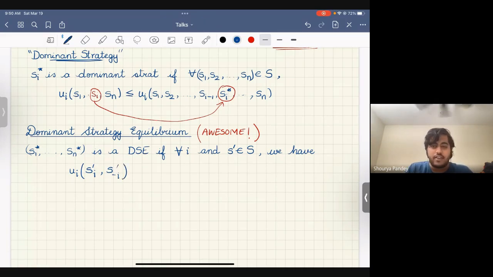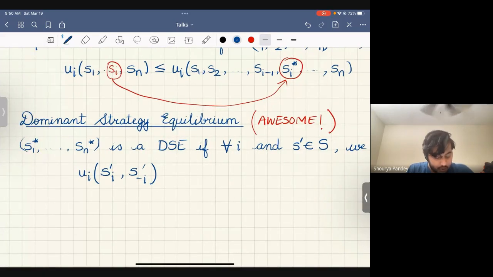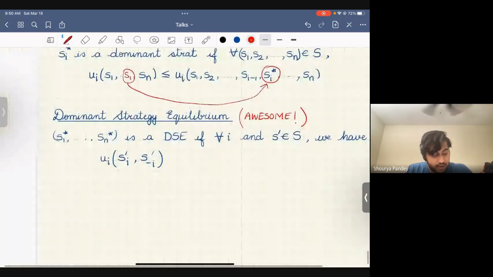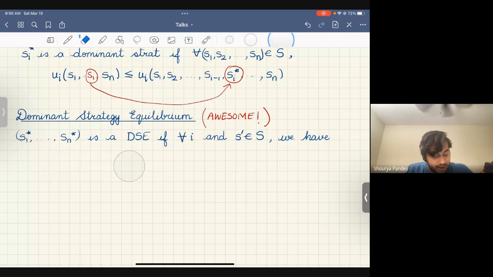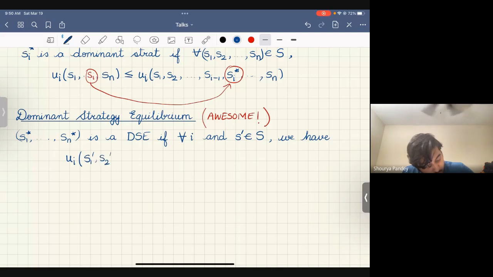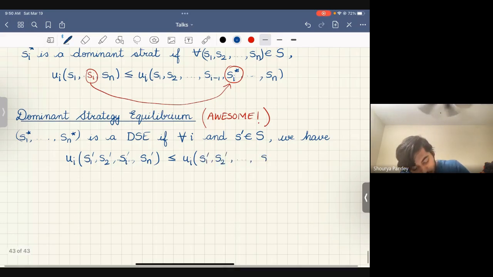I'm sort of overloading notation. Let me write this out first: S1 prime, S2 prime up to Sn prime, and there's some Si prime in between, is at most as much as the utility obtained if I change player i's strategy to Si star.